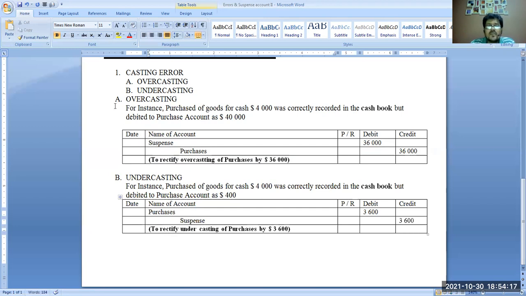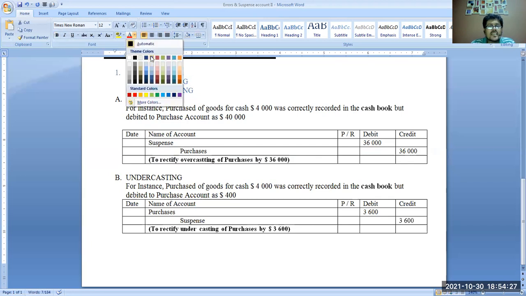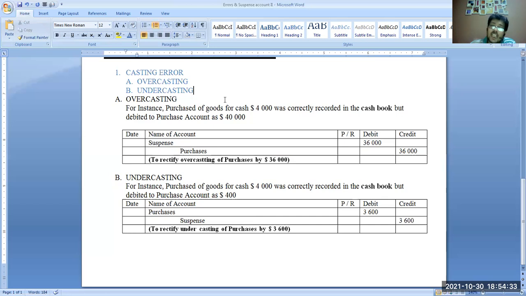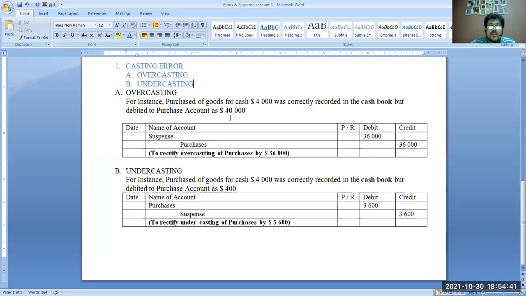So we have two types of casting error. One is undercasting and the other is overcasting. Okay, and I have explained both overcasting and undercasting. In every error affecting trial balance, one of the components, either debit or credit, is the suspense account, depending upon the nature of it. Getting my point clear?